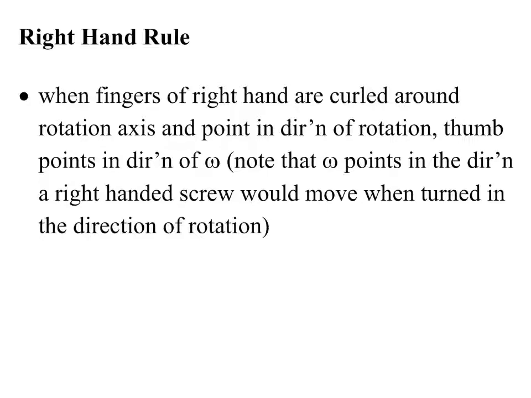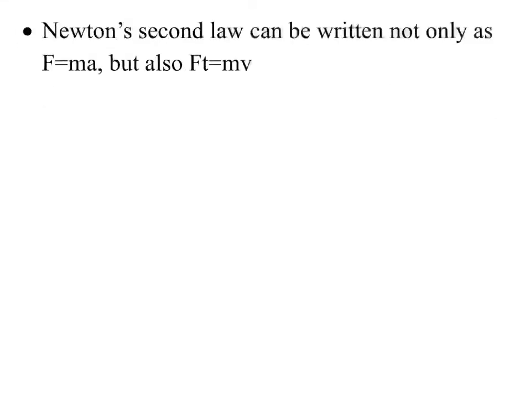But of course, then it could go forward or backward or up or down or left or right, depending on where the screw is, which way you're turning it in terms of where you are. And so that is how we know the direction of angular momentum and angular velocity. So it's just the direction that a screw would go if you turned it clockwise or counterclockwise.